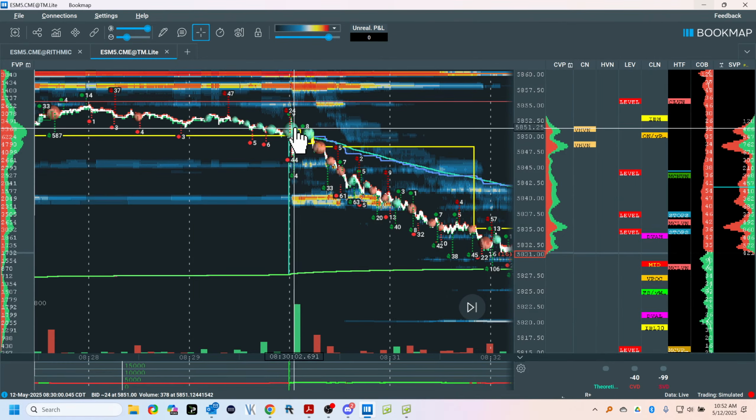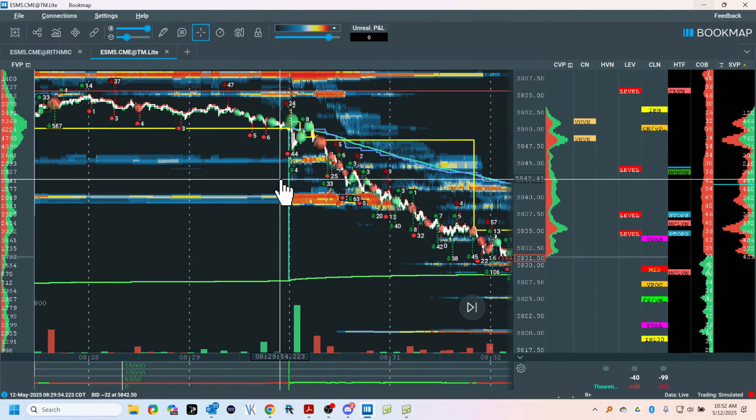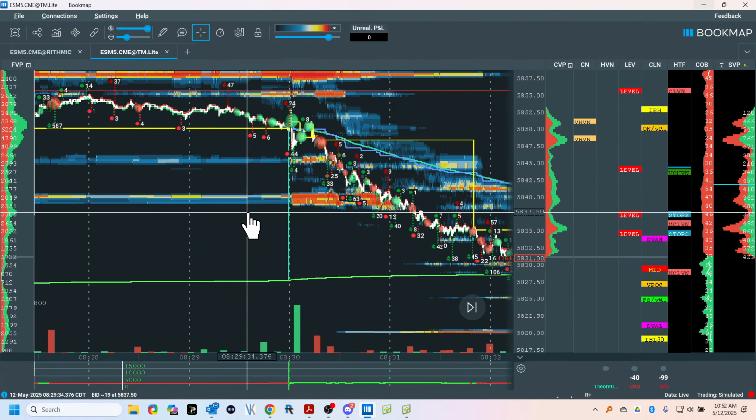Now, let's look at an advanced concept. Fractals. Guys, what's a fractal? It's a Russian doll. You know Russian dolls, Matryoshka dolls, they're inside each other.